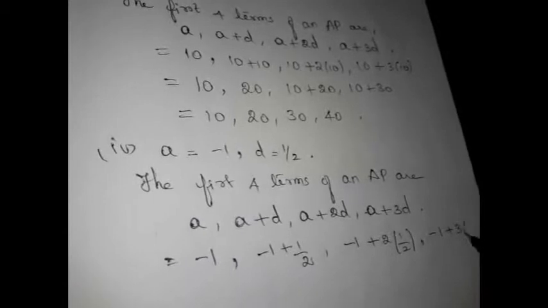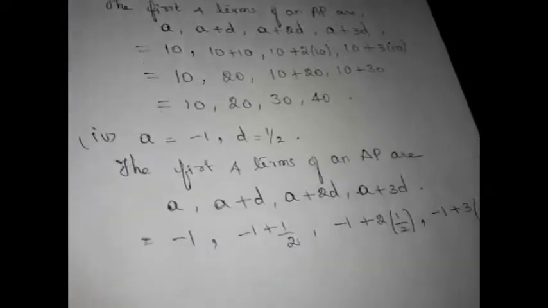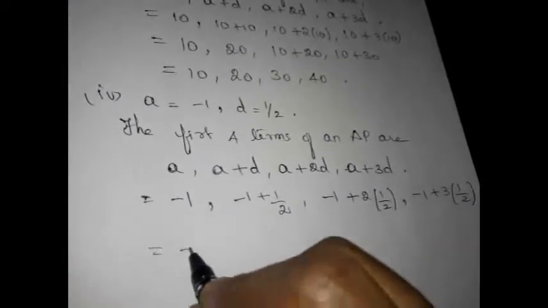So A is minus 1. So minus 1 plus 1 by 2, minus 1 plus 2 into 1 by 2, minus 1 plus 3 into 1 by 2, right, which is equal to minus 1.